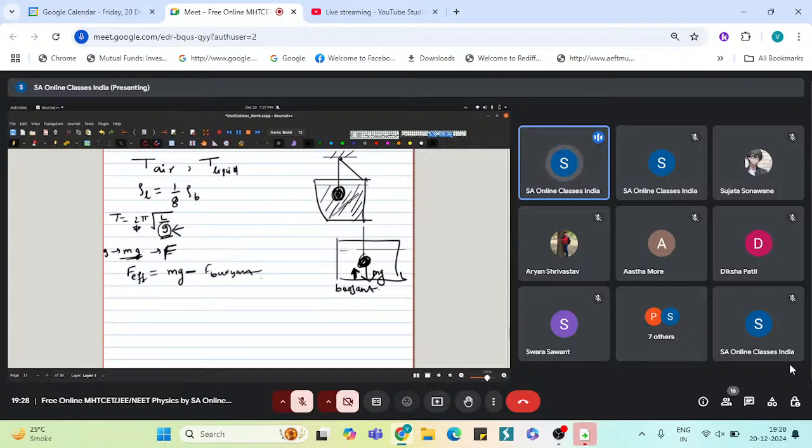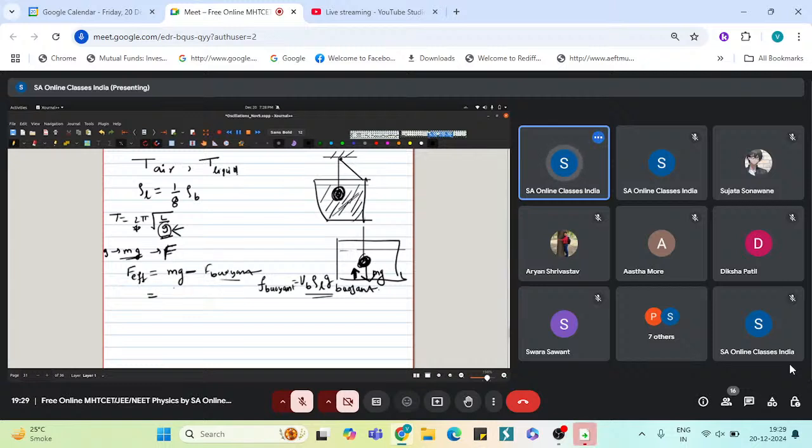And the buoyant force, I'm not sure if you have seen this formula before, but F buoyant can be given as the volume of the blob, which is the amount of liquid that the blob will displace, into the density of the liquid, rho L, and then G. So this is the F buoyancy formula, and we can substitute that here.